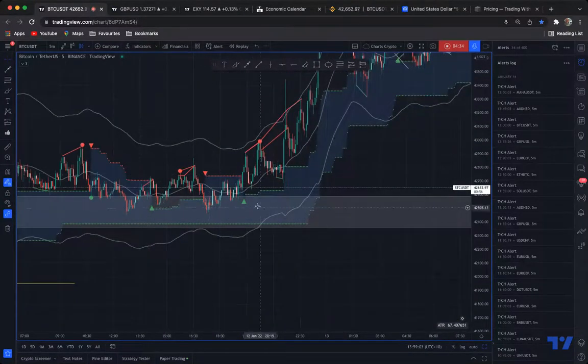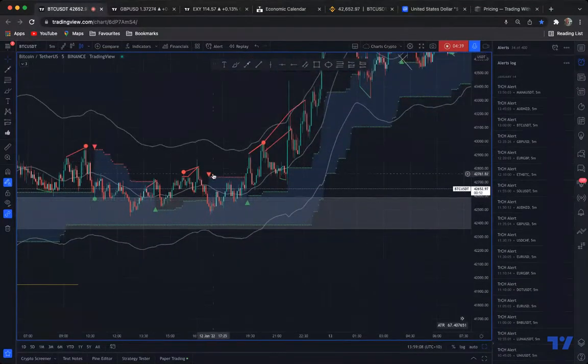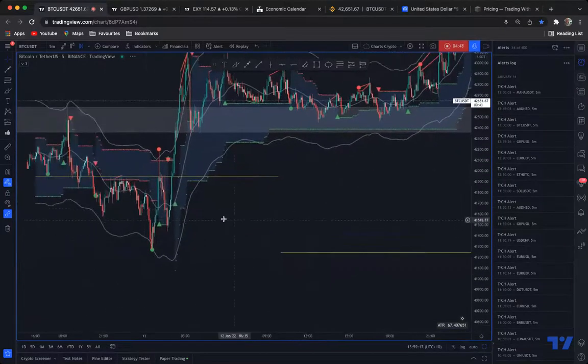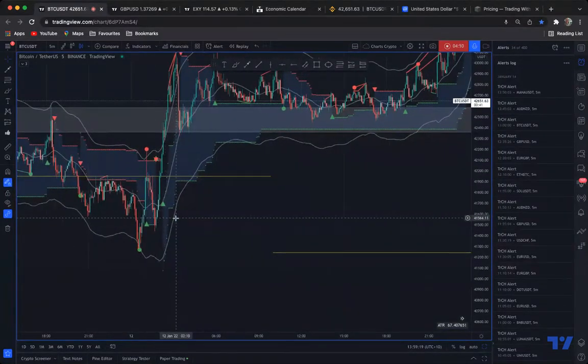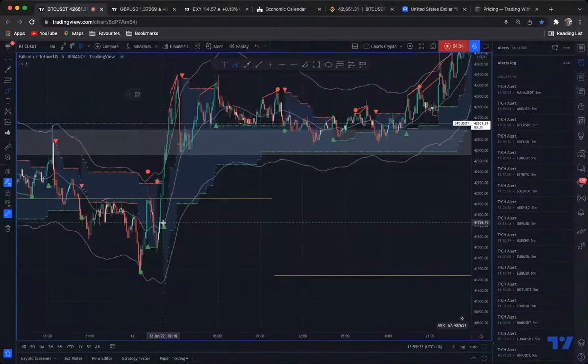That would be an awesome entry, but I wouldn't take it because I don't have the setup. But what we do get, if we go back a little further, is we get to enter the market well before this. This is the signal here.